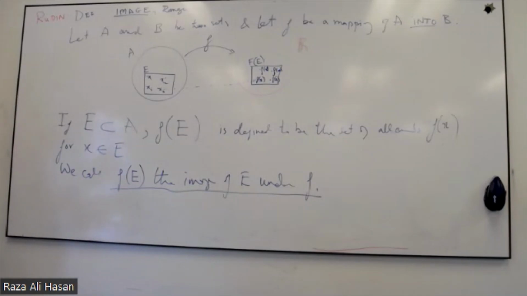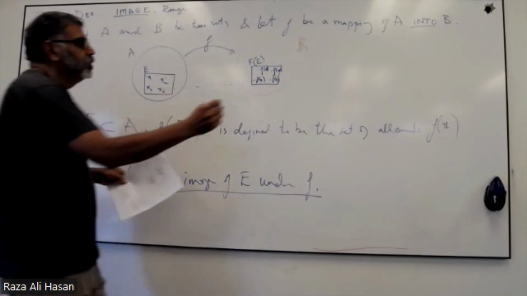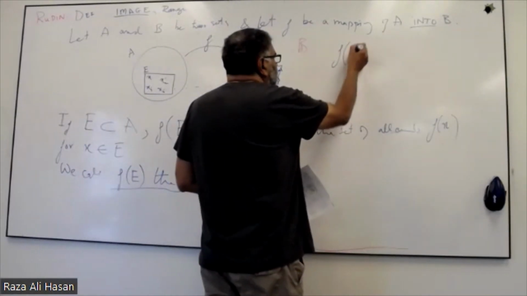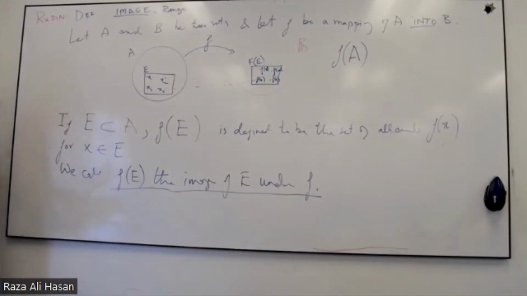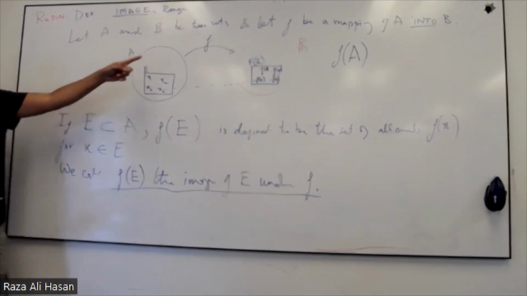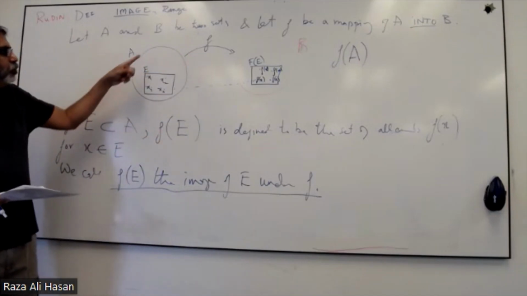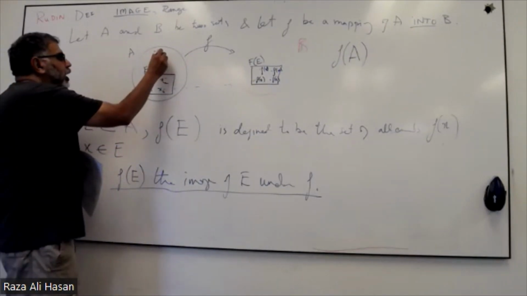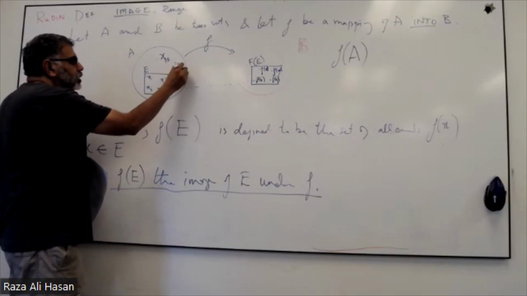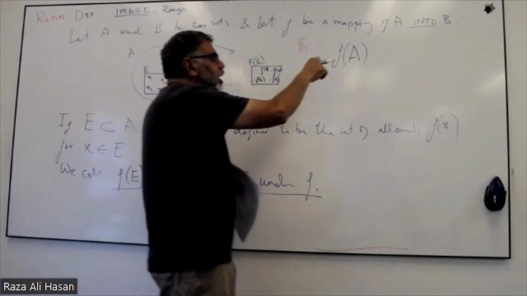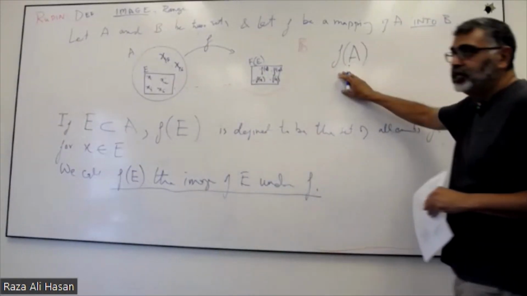All right. And then f of A. So I'm going to write it here. Uppercase A. What is f of A? You take the function f and put all the elements of A, one by one, into the function.